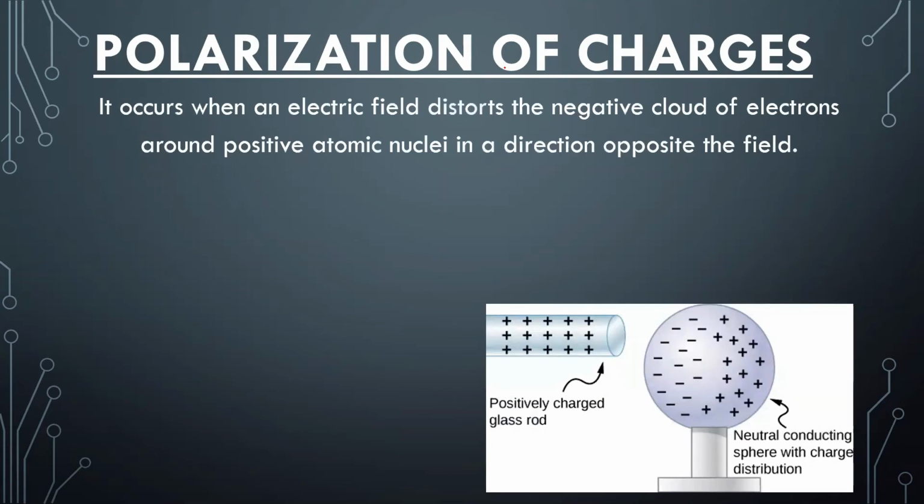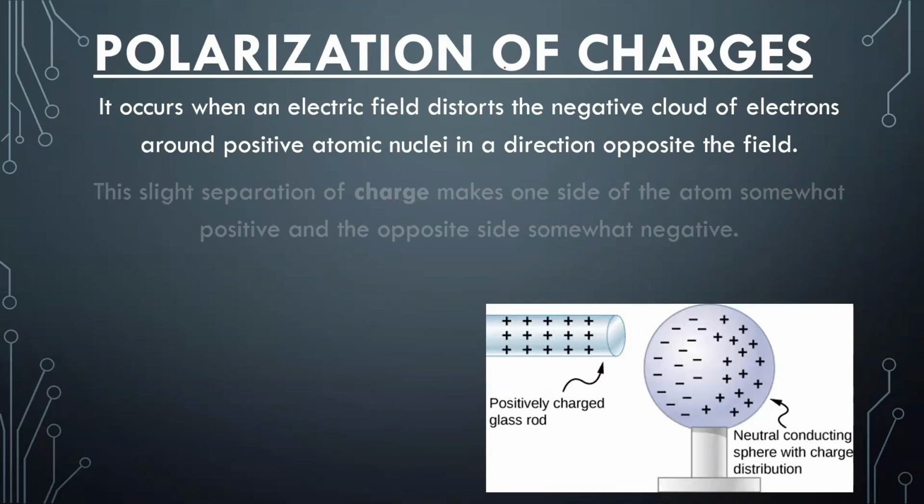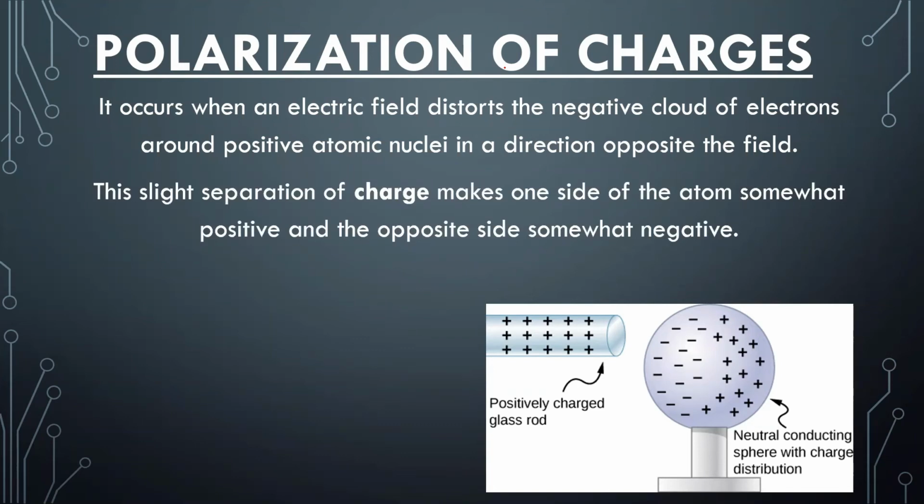Polarization of charges occurs when an electric field distorts the negative cloud of electrons around positive atomic nuclei in a direction opposite the field. This polarization has a slight separation of charge, which makes one side of the atom somewhat positive and the opposite side somewhat negative.